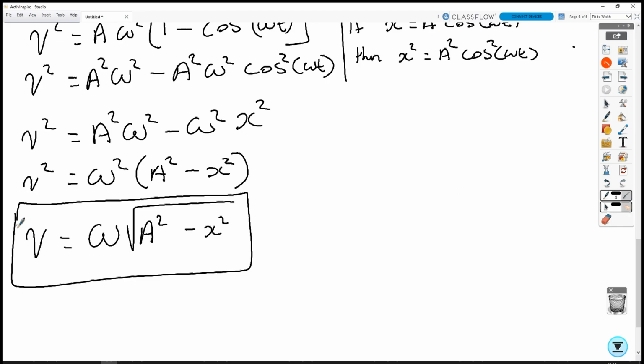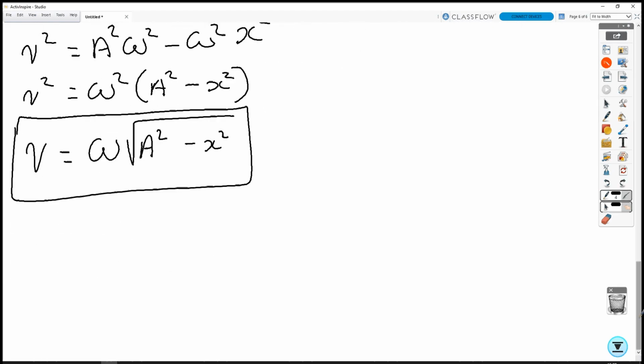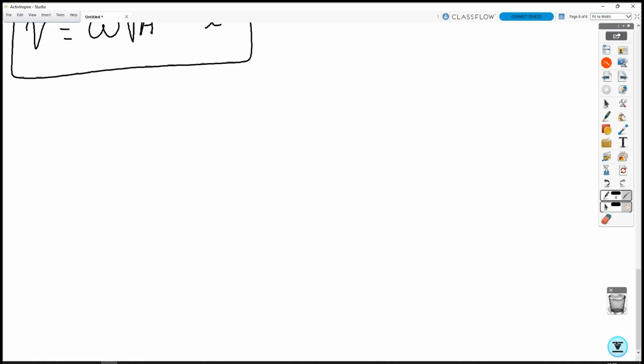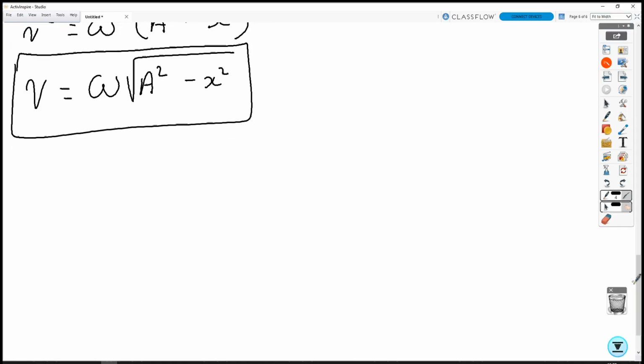Now from this equation, we can figure out the maximum velocity. So maximum velocity happens at 2 points.